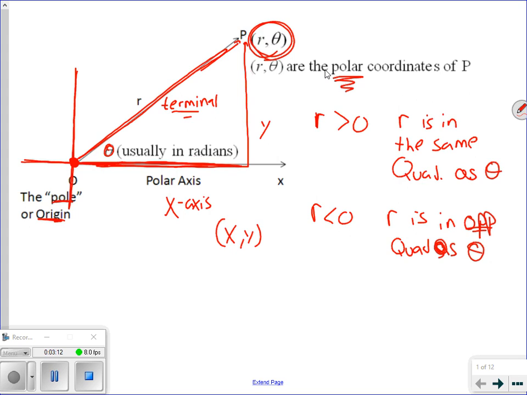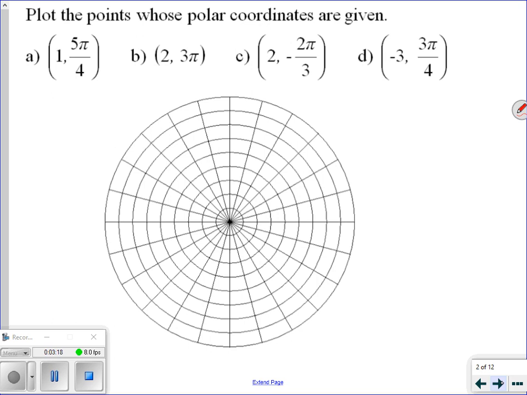All right. So let's look at a polar graph real quick and talk about graphing points. Okay, let's start by looking at a polar graph, a polar plane that we can plot some points on, and how we can graph specific coordinate points, right? So it looks scary.